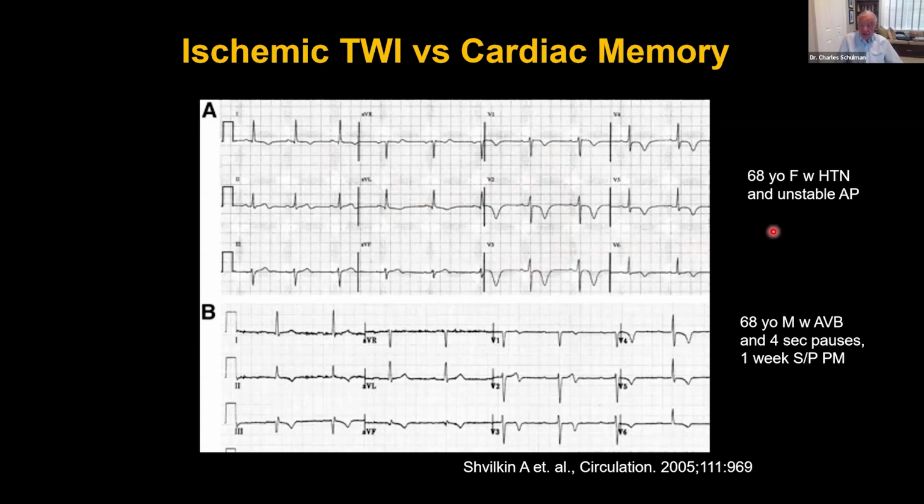But there are a couple of differences. One is that these T waves are broad and the QT is prolonged, and it's not T-wave memory. The other thing is that the T wave is normally upright in AVL in patients with cardiac memory and not in patients with ischemia. So those are two ways of differentiating between the two.